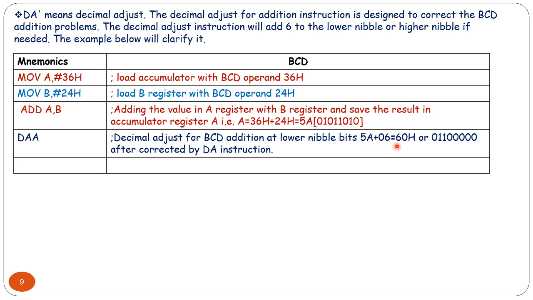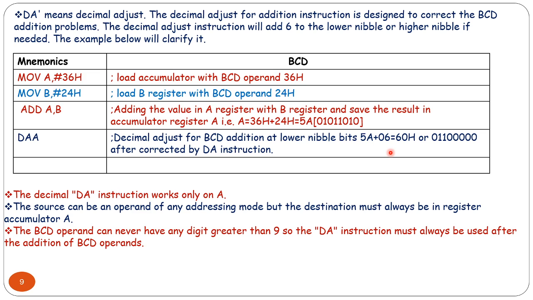When we add this, the answer will now be 60, so this gives us a 6 and this is 0. After correcting by the DA instruction, what will be the answer? 60 will be the answer.